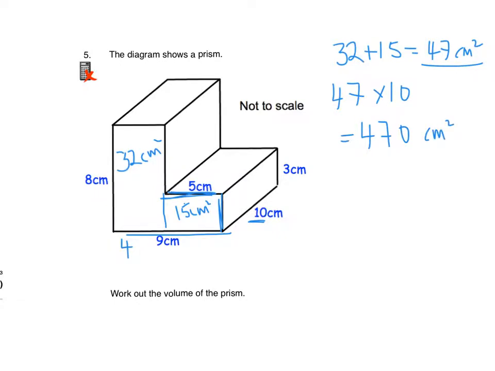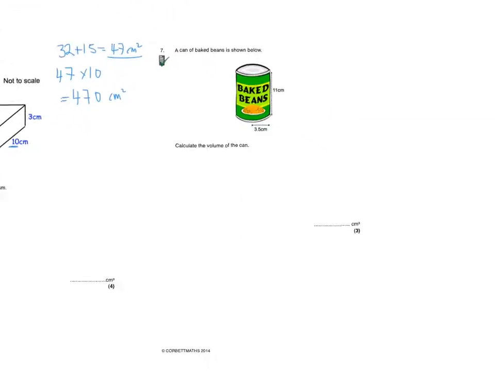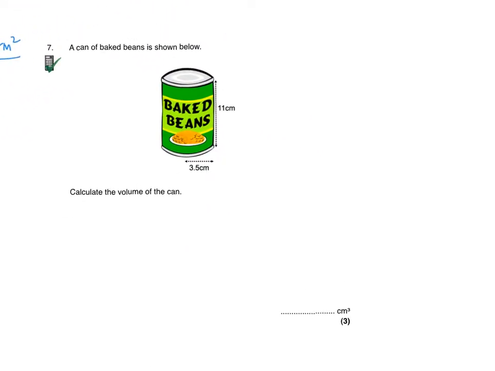Okay, and lastly we have a cylinder. Okay, so we need to find the area of the cross section. In this case it's going to be a circle, so we do area as pi r squared, where the radius is 3.5 centimeters.